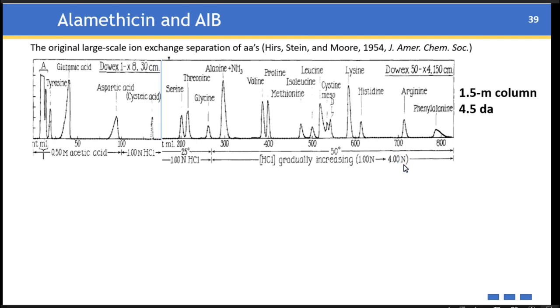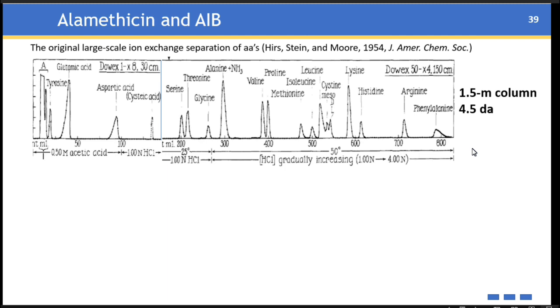The ion exchange process is a classic experiment in chemistry developed decades ago by Stein, Moore, and Herz. Stein and Moore are Nobel laureates for their work with the RNase enzyme. But they figured out how to separate all of the physiological amino acids on an ion exchange column.